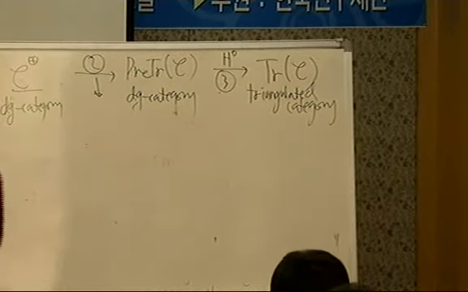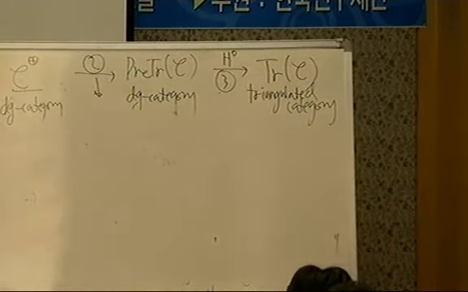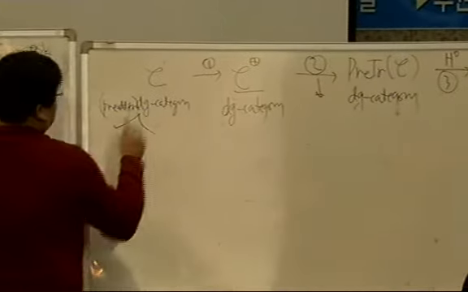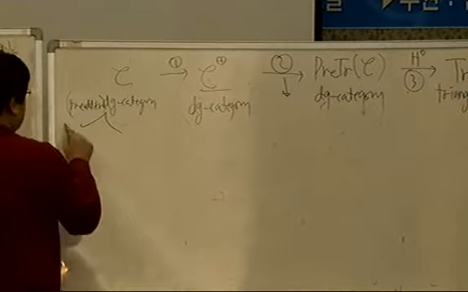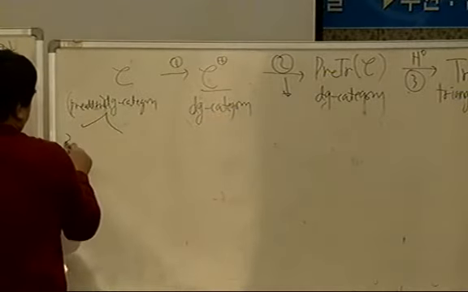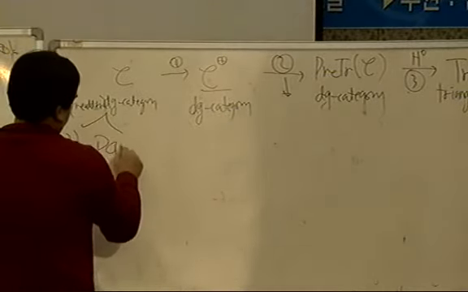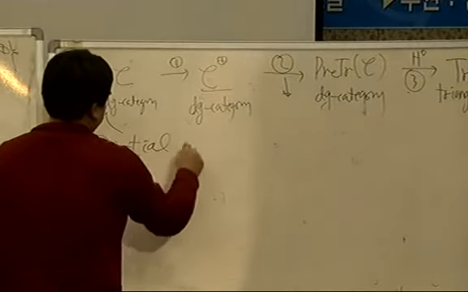When I was trying to generalize this to something that has a weaker property, in section 3, we are working on something called the partial DG category.